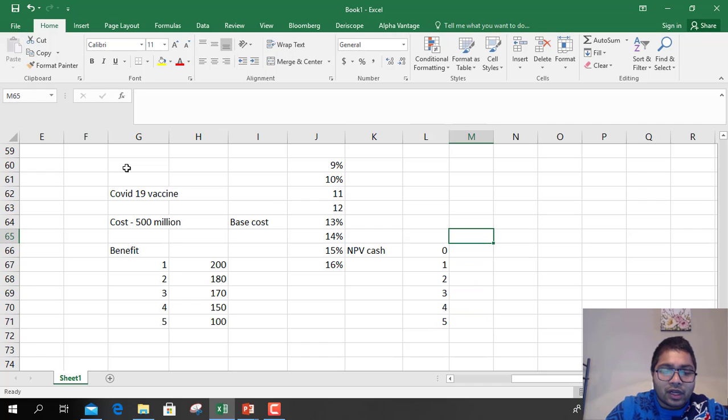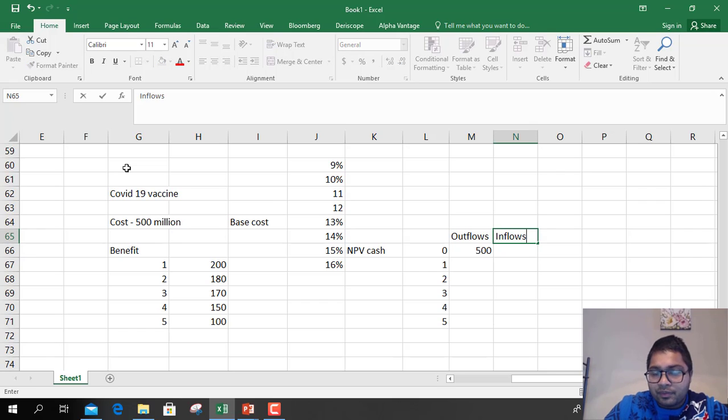Then we note down outflows. Outflow is 500 million. Then we note down inflows. Inflows are 200 million, 180 million, 170 million, 150 million and 100 million.